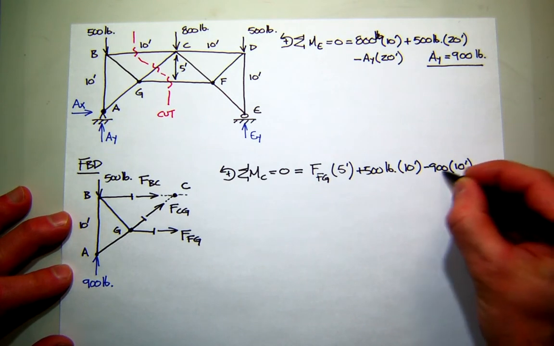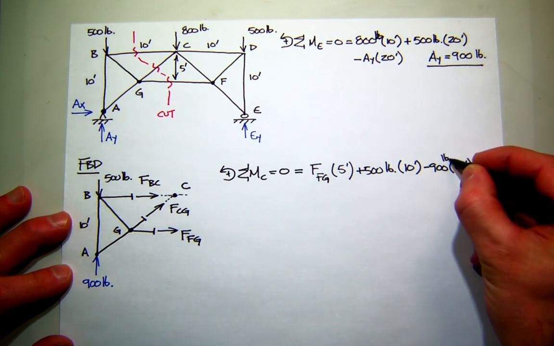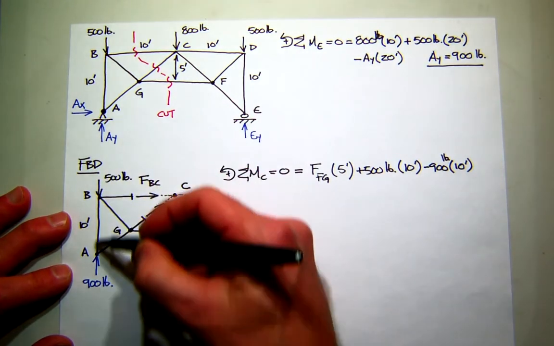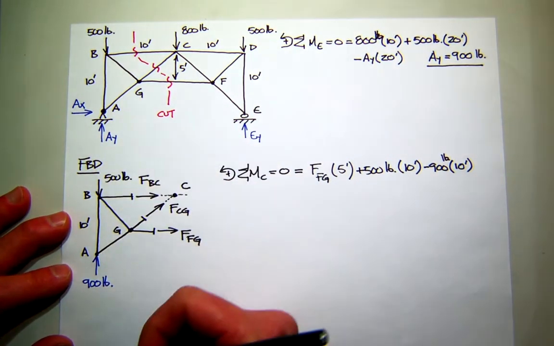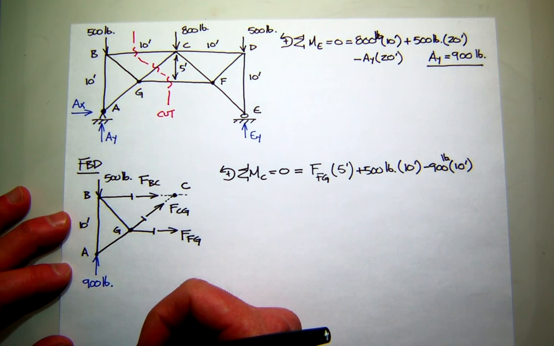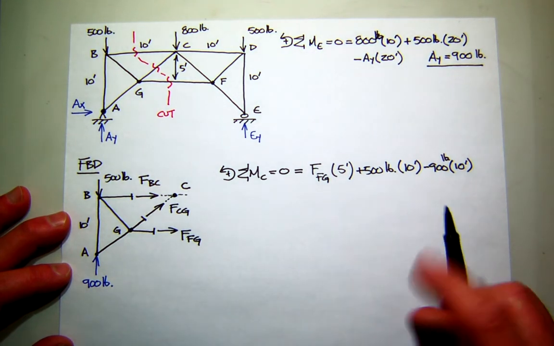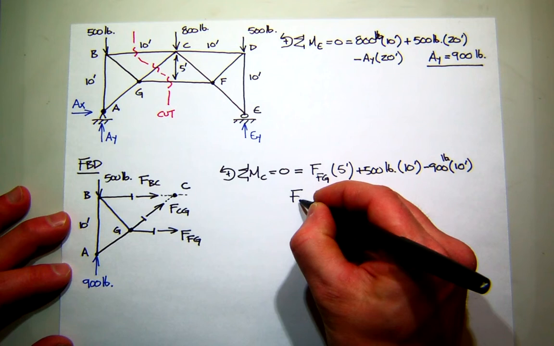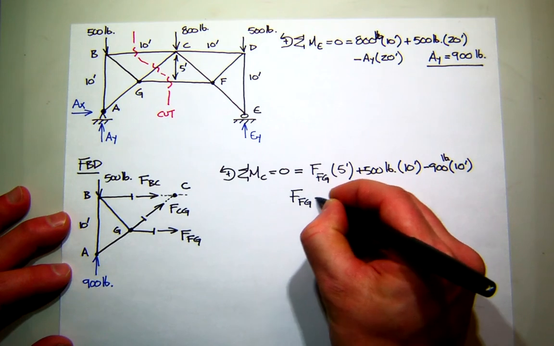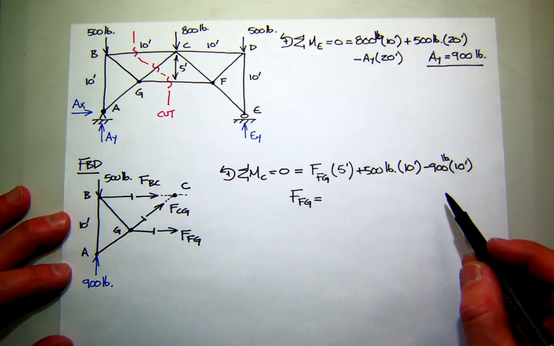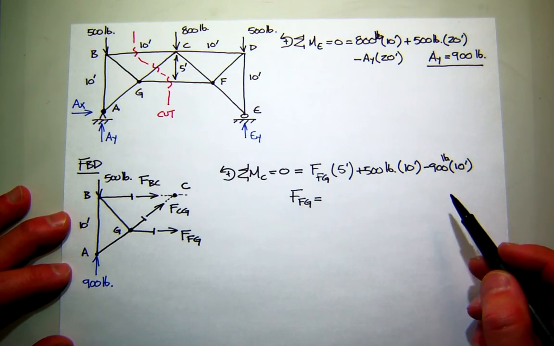I left my unit off there. Sorry, I'll try to squeeze it in here. Now another way to do it, since these both have the same line of action, is just take the resultant force, which would be 400 acting up, and you'll get the same result. But from this, I should be able to solve for the force in FG. And I'm thinking it's going to be 700? 800?